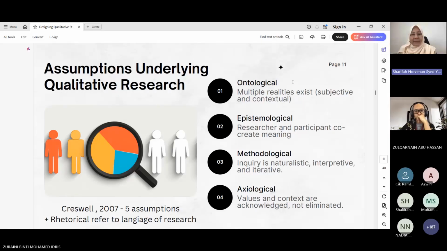That's what assumptions here means. Do you understand? Yes, you got it? Okay. And that's why you need to understand this, so that when people ask you, when your examiner asks you why you do qualitative, this is your reasoning. This is your justification on why you are doing that.